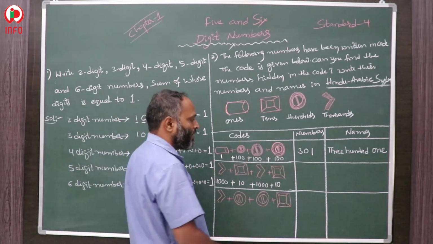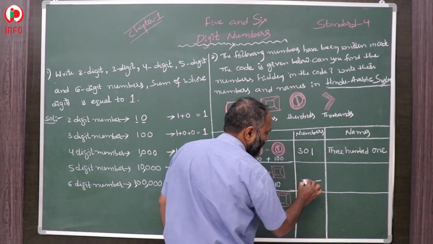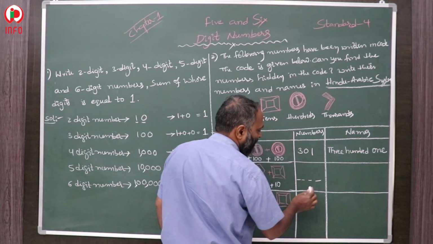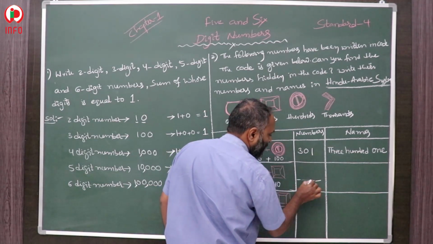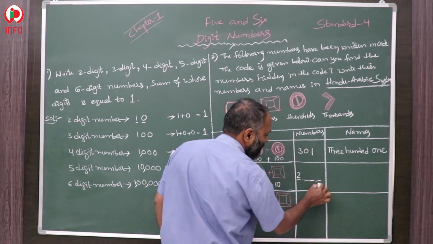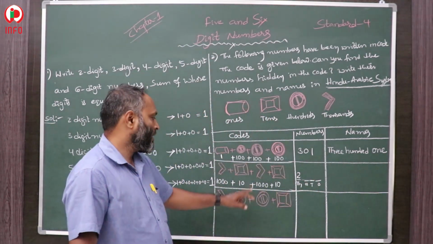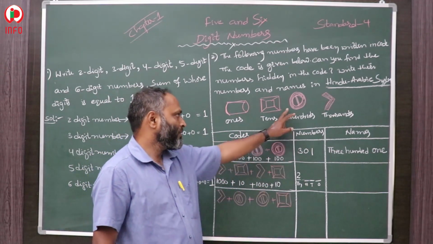2020. How to write 2020? Ones, tens, 100, 1000. This is ones, this is tens, this is 100, this is 1000. Here there is no 100, means there is no circle.